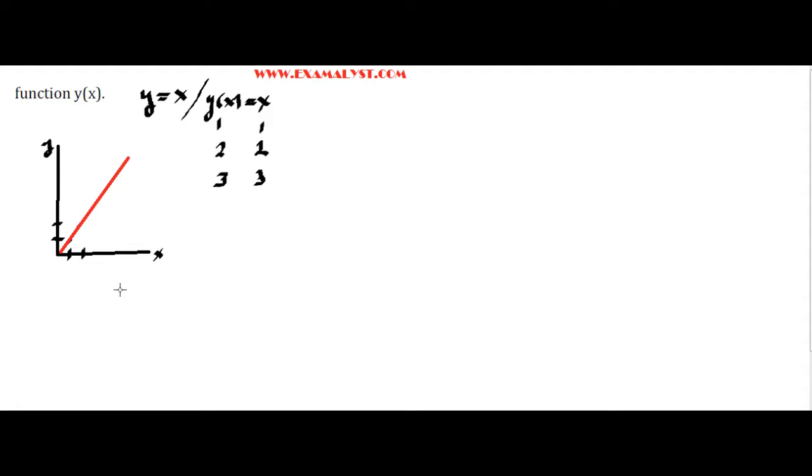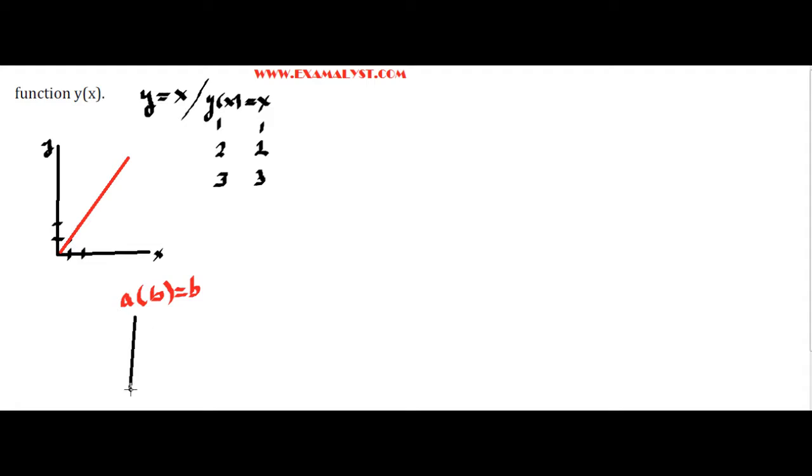So why are we using y and x? It doesn't matter. You can also write a function like a is a function of b, so a equals b.